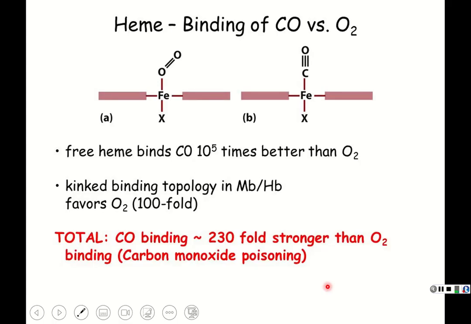If we look at the shape of the binding of O2 versus CO, you can see that O2, when it binds, is at an angle, and carbon monoxide is linear. That's one of the reasons why carbon monoxide binds 10 to the 5 times better than O2, because it seems to fit in there better.